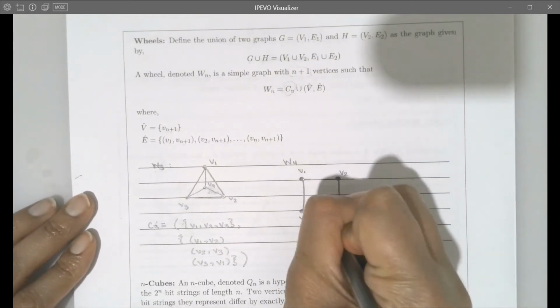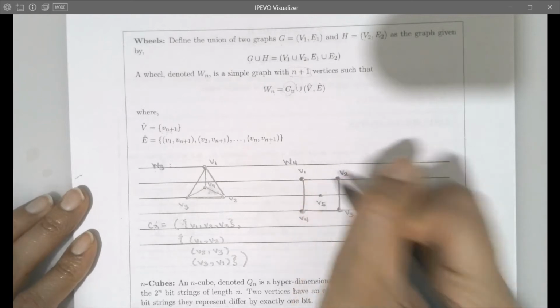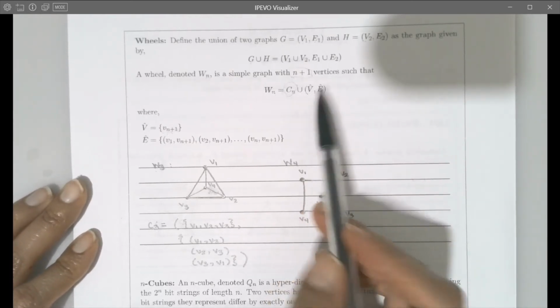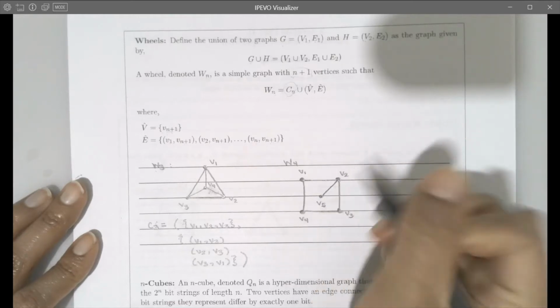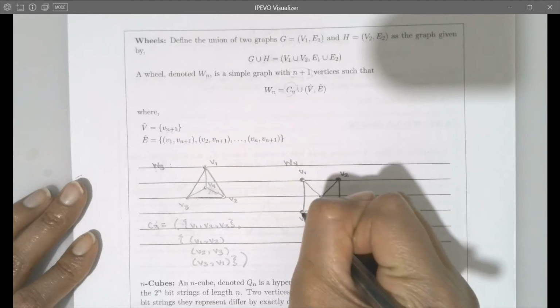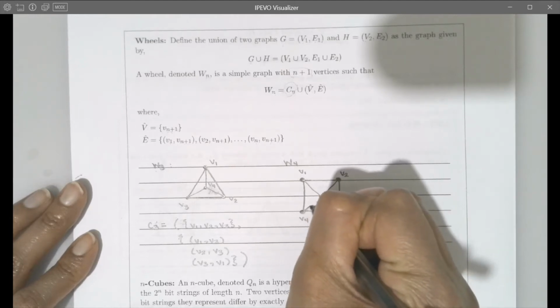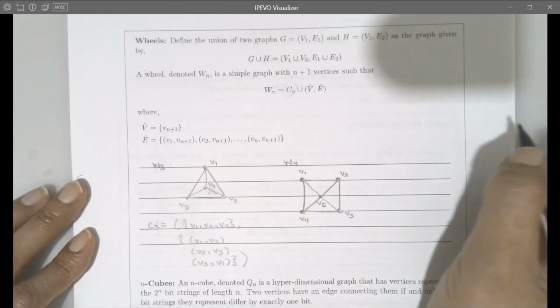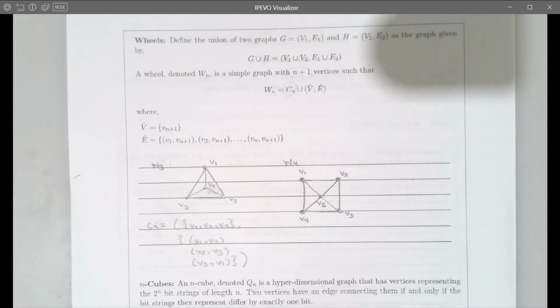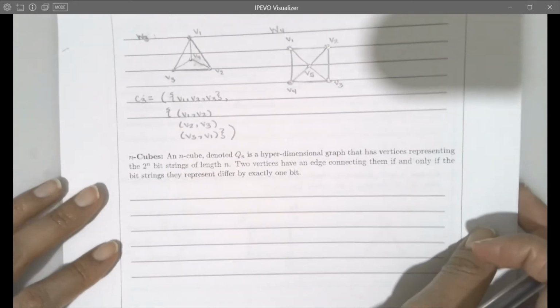And then this new node V5 is part of this V tilde that we're creating, along with the edges V5, V2, V1, V5, V3, V5, and V4, V5. Alright, so that's in general how it works. W5 can be drawn in a very similar fashion.